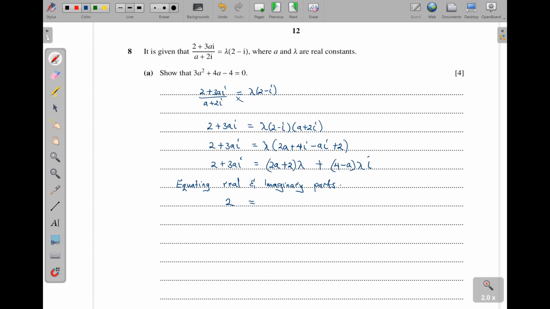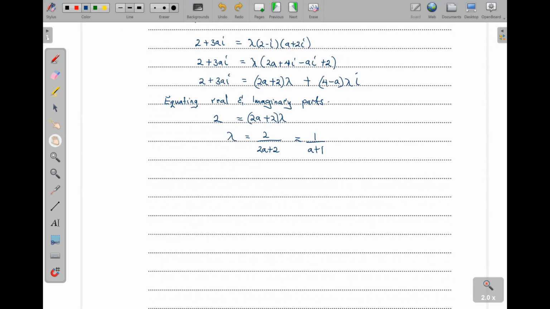So we shall equate 2 to 2a plus 2 lambda. I can make lambda the subject of the formula here. It is going to be 2 over 2a plus 2. I can actually divide all through by 2. This one can be 1 over a plus 1, because the 2 is common everywhere, so that is what we have. Then let's go to the imaginary part.